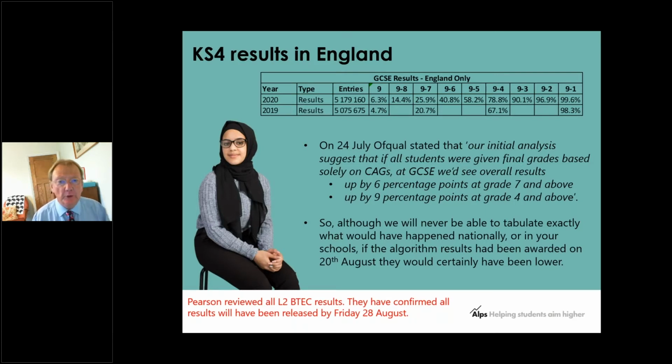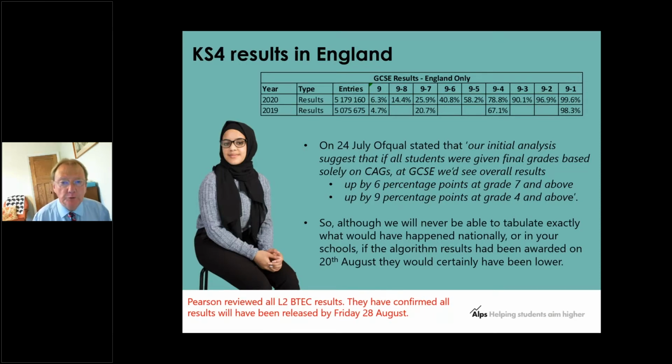And if we take those 6% and 9% away from the 7+ and 4+ figure, you can pretty well see that the results would have been very comparable to the 2019 results.